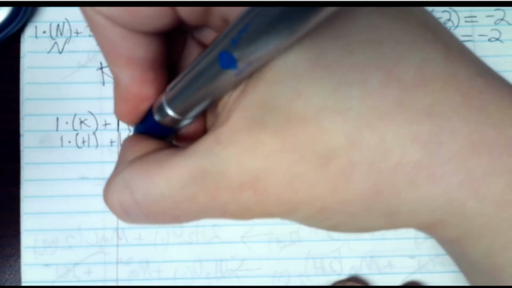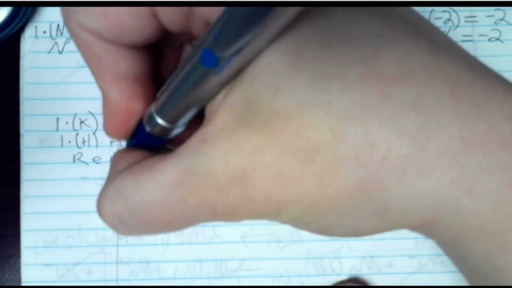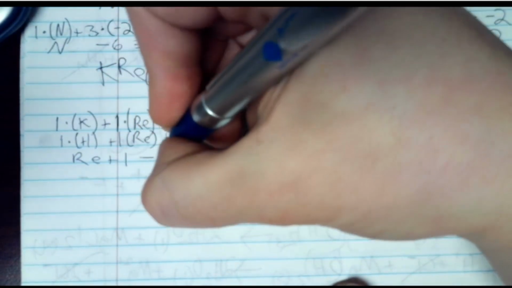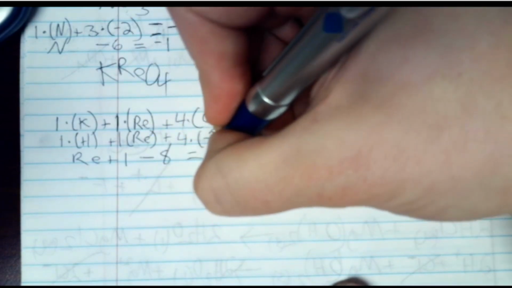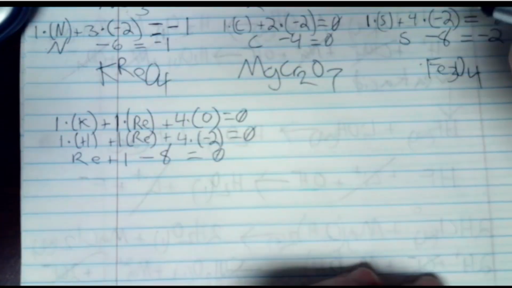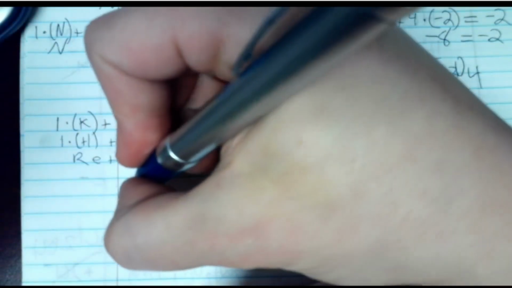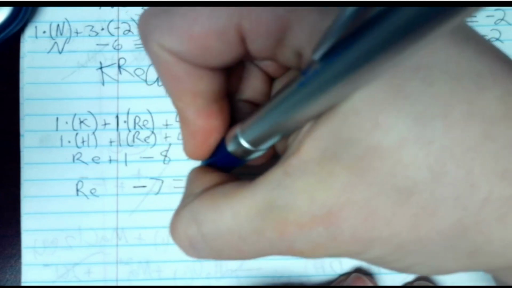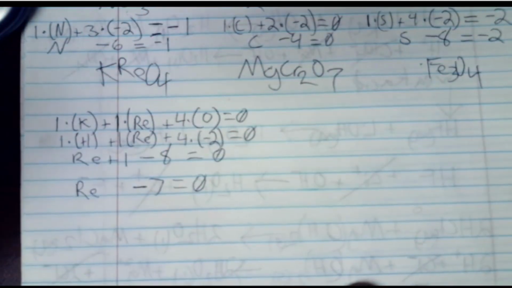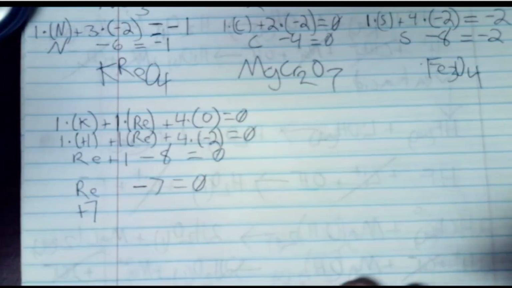The only thing we are left guessing on is rhenium. So let me rearrange this equation. Rhenium +1 minus 8 is equal to 0. 1 minus 8 is the same as -7. So rhenium minus 7 equals 0. Rhenium must be +7. Okay, we can get that.